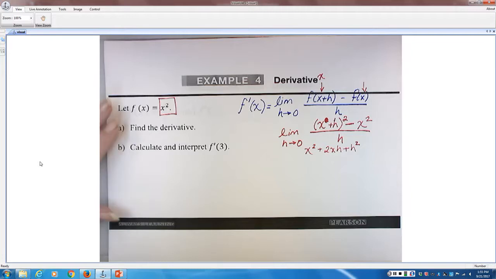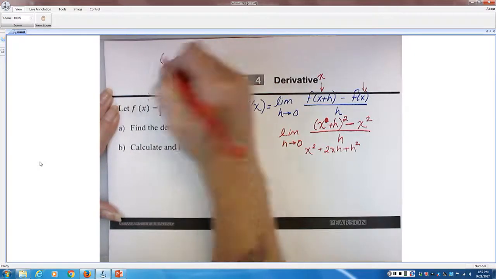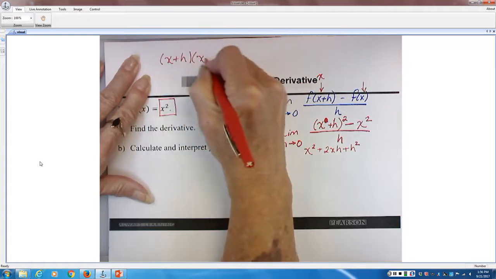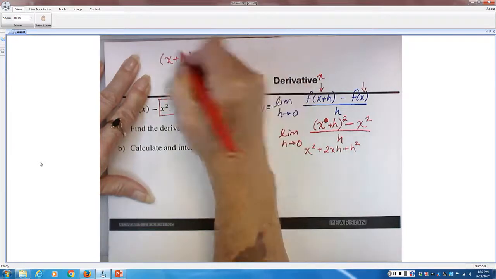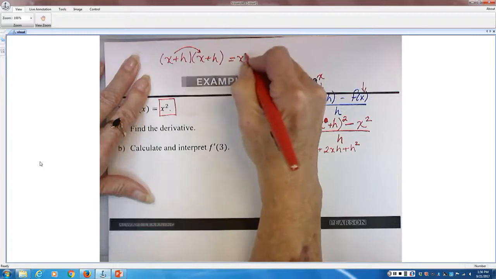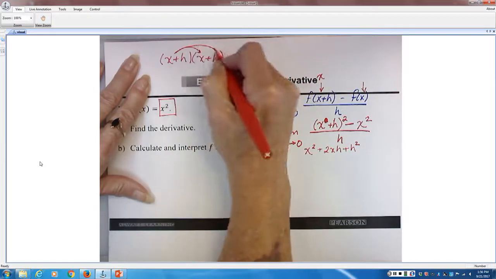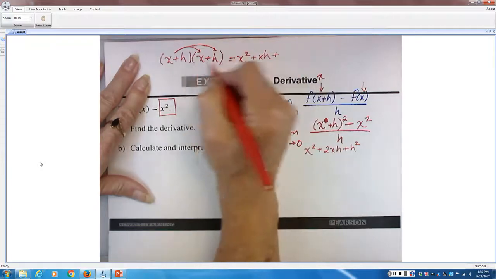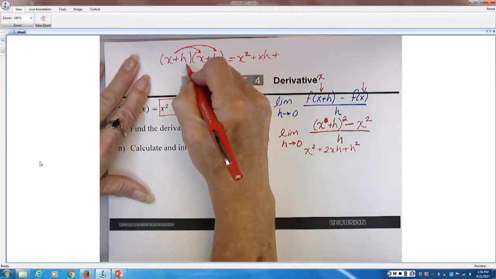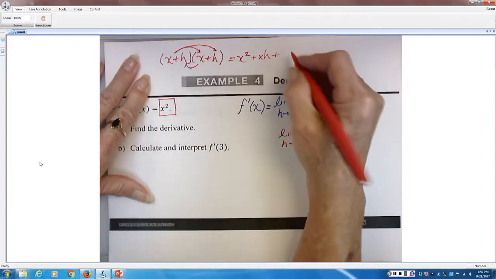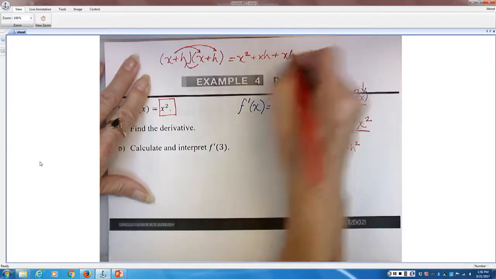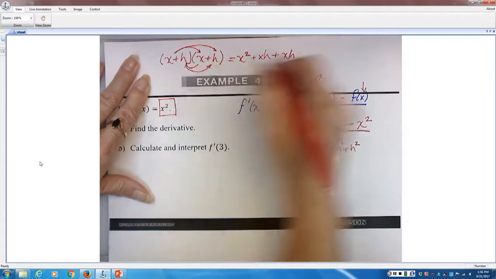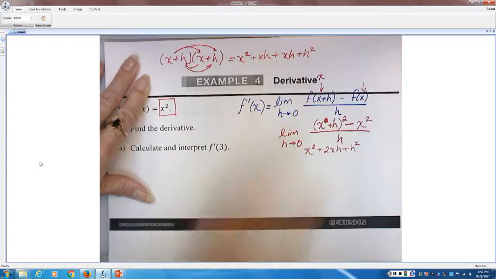If you can't do that in your head, remember you can always go over here and actually FOIL it out. x times x, x squared, x times h, xh, x times h, xh, and h times h, h squared.